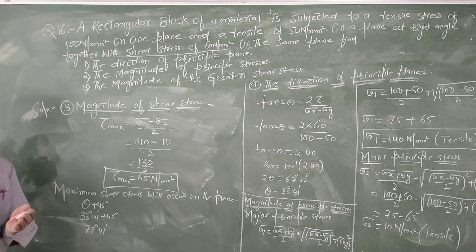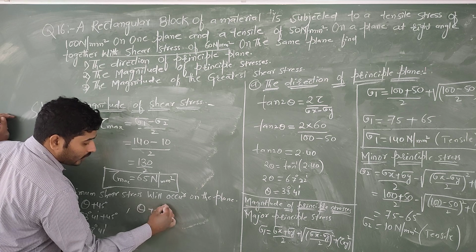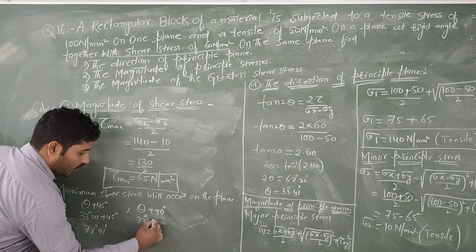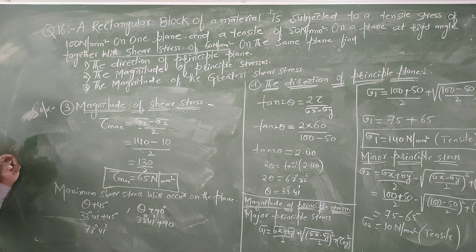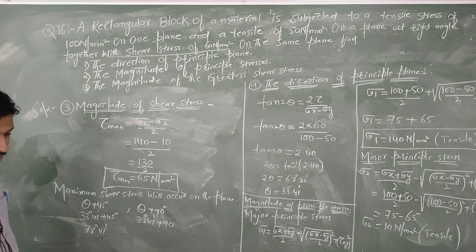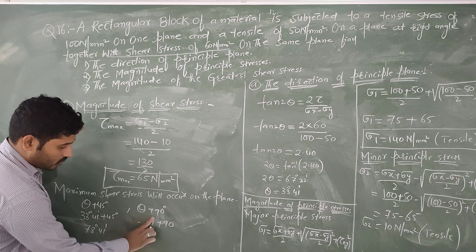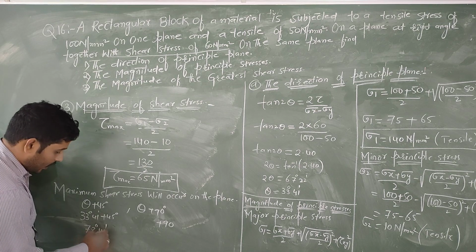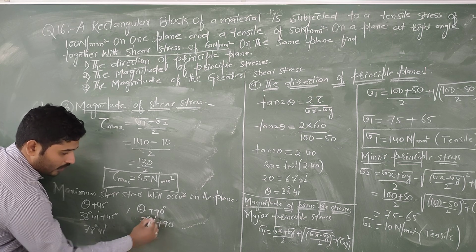If it is making an angle of 90 degrees, then theta plus 90 degrees. Theta is the same 33 degree 41 minute plus 90 degrees, which gives 123 degree 41 minute.